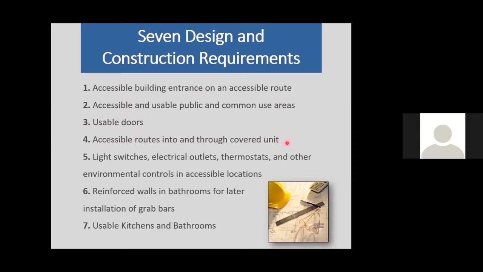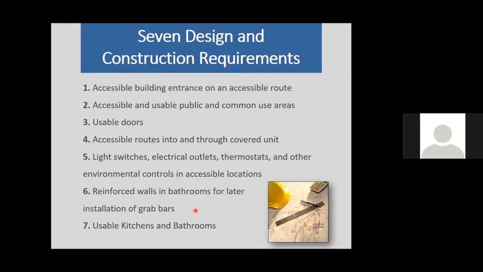Now we get a good understanding that these requirements will not give you the same level of access as those units that are being made accessible due to maybe some HUD funding or being part of a public entity, housing authority, for instance. The requirements under the Fair Housing Act result in what we call a usable or adaptable dwelling unit. And so the light switches, electrical outlets, thermostats, and environmental controls need to be in an accessible location.